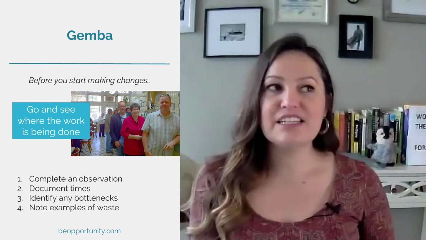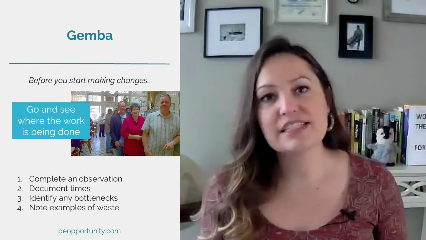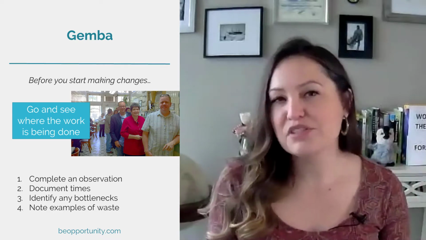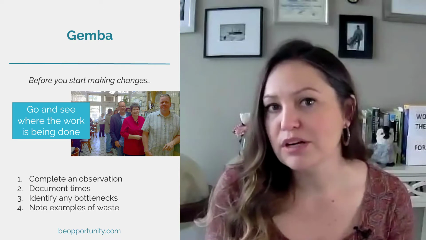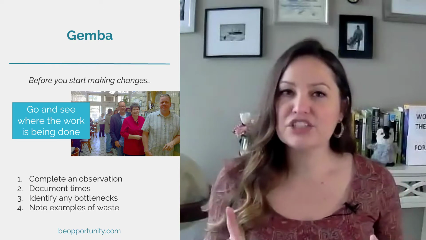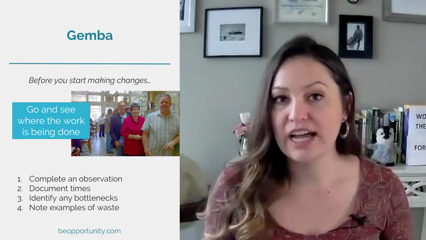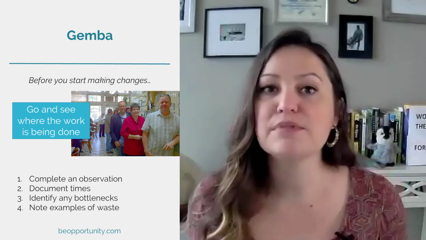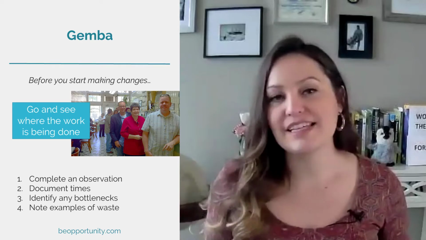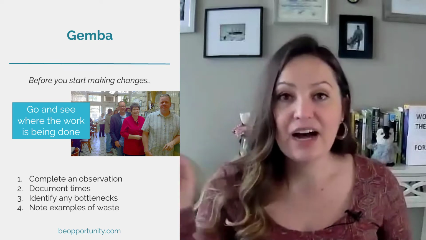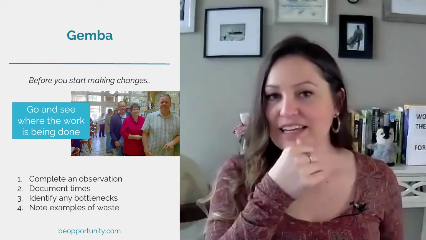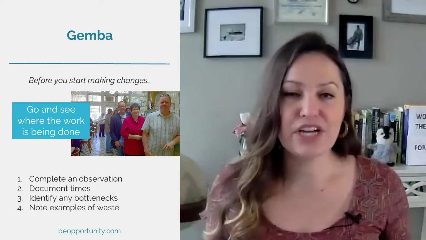It's really easy for us to lean on assumptions, on our personal preferences, to get those special projects moving forward, but those might not actually identify the biggest bottlenecks. So you can simply do an observation and collect times by writing down each process step that you see and how much time it takes. You should decide before you go in what increments of time you're going to use.